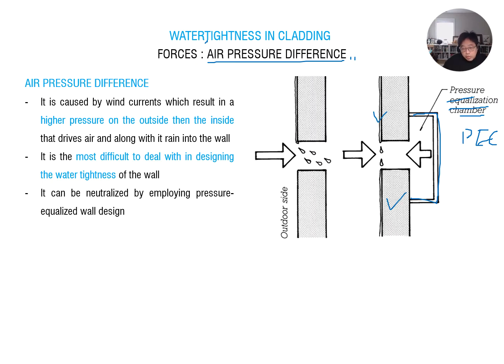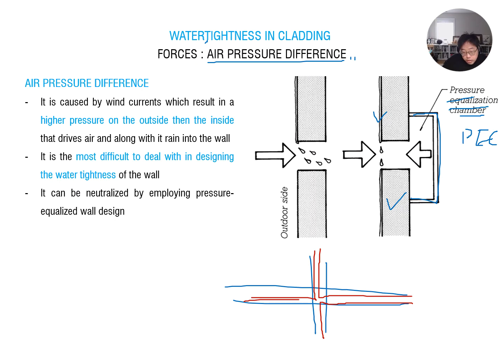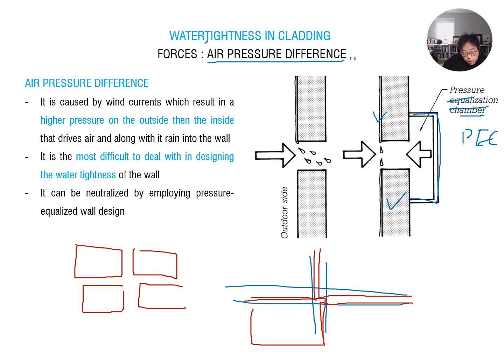The channel is located horizontally and vertically, connecting and holding this cladding system here. When you have four cladding panels, you see the PEC located in the X and Y directions: here, here, here, and here, to hold the panel and also to create counteracting forces.